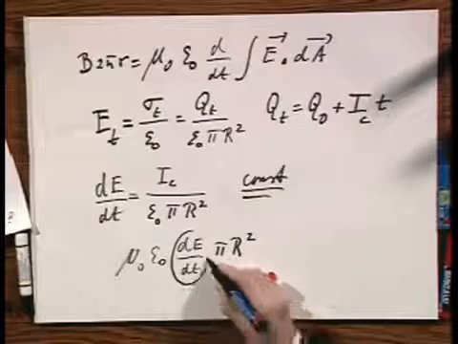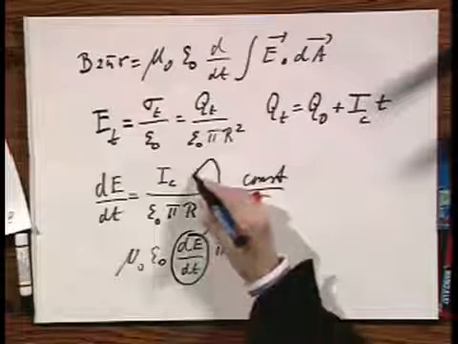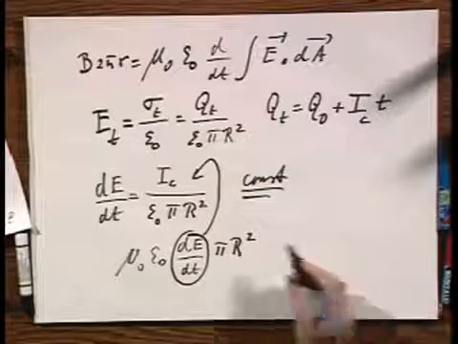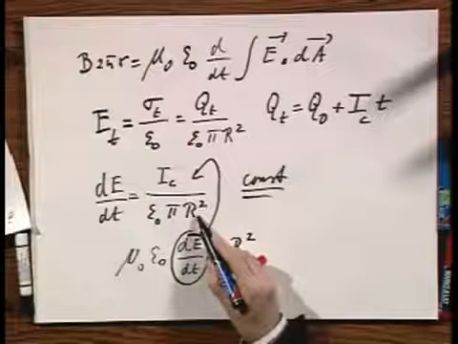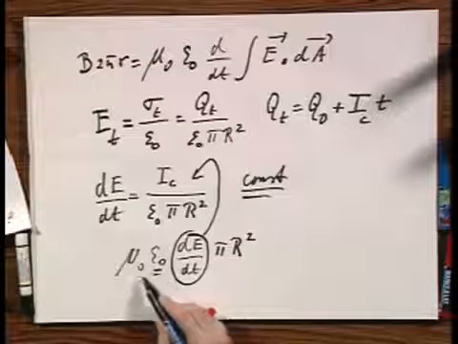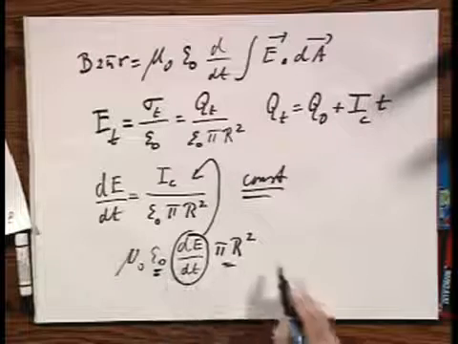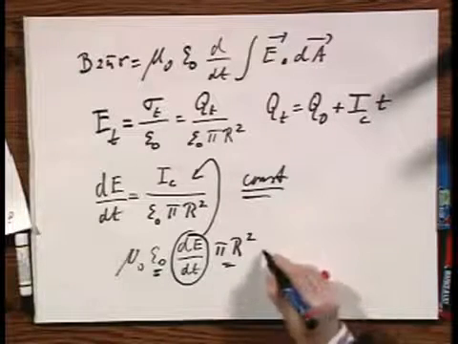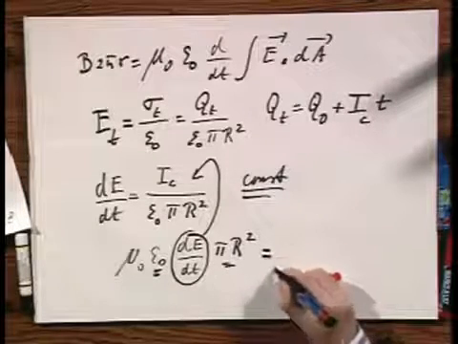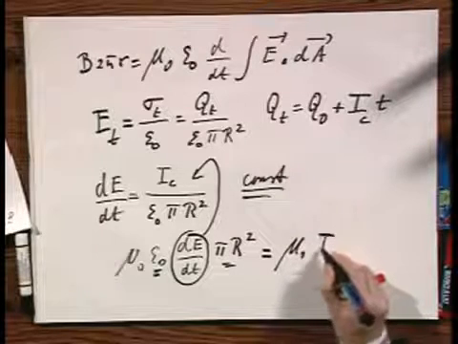But we know this. We just calculated that. And notice you have downstairs here epsilon 0 pi r squared, and you have upstairs here epsilon 0 pi r squared. So what do you get? This term becomes simply mu 0 times I of C.